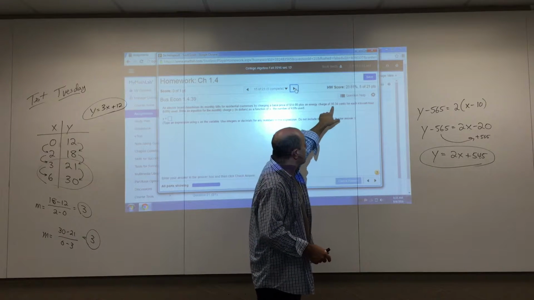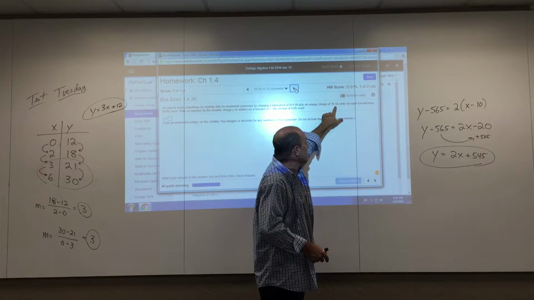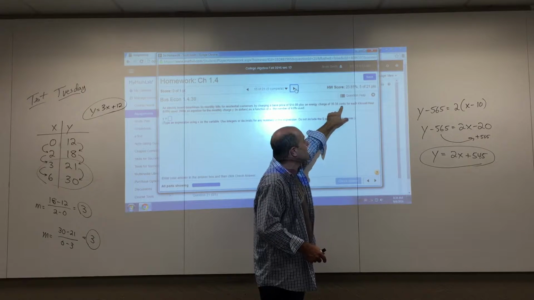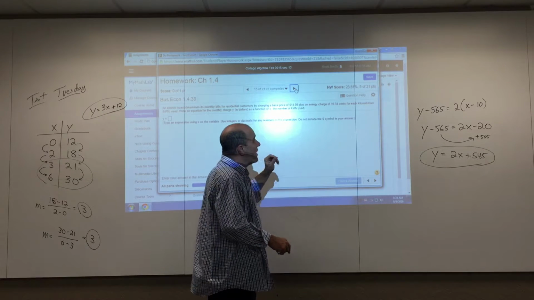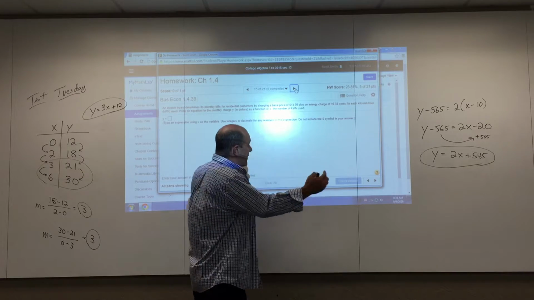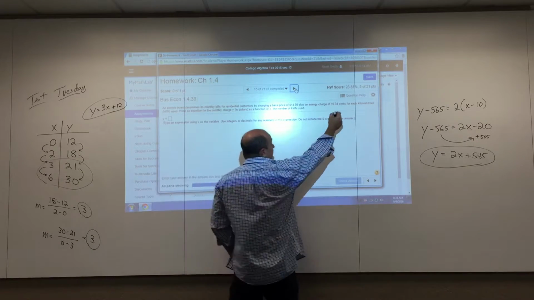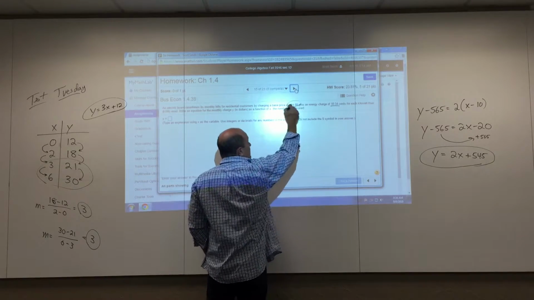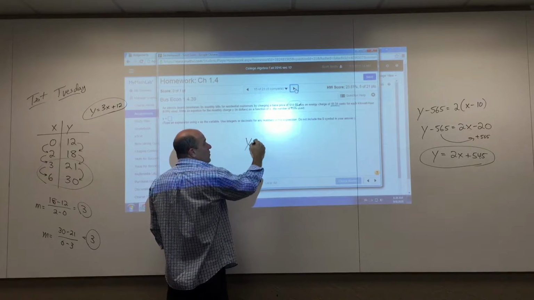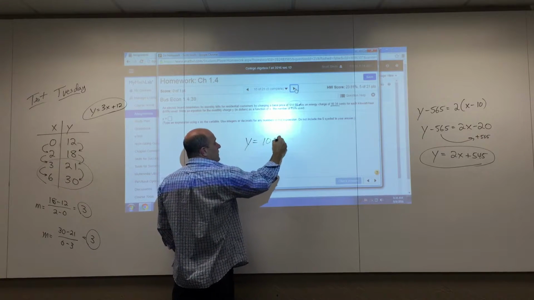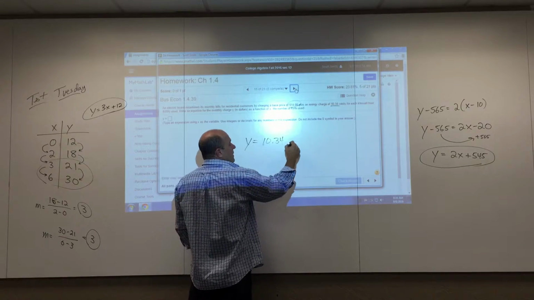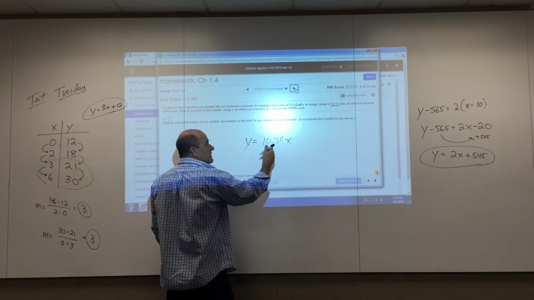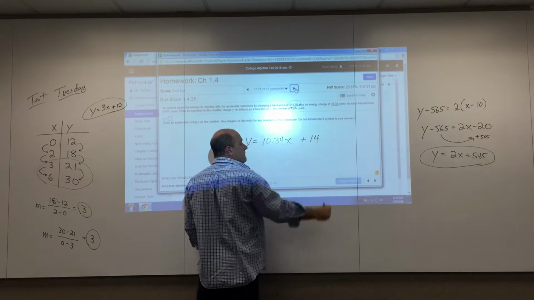Then it charges me 10.34 cents for every kilowatt hour. That's a rate of change. And I think I can write an equation. I'm going to write y equals my slope times x plus my y-intercept.